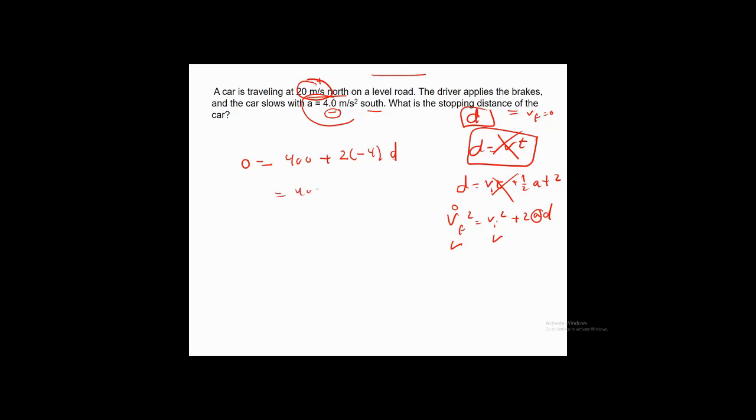So we have 400 minus 8d equals 0. Let us put d on the other side, it will be plus. So 8d equals 400, and d will equal 400 over 8. How much is it, Shabab? 50, I guess. Yes, 50 meters.